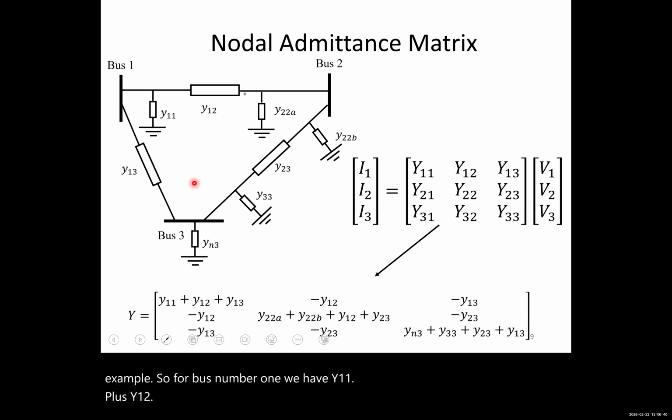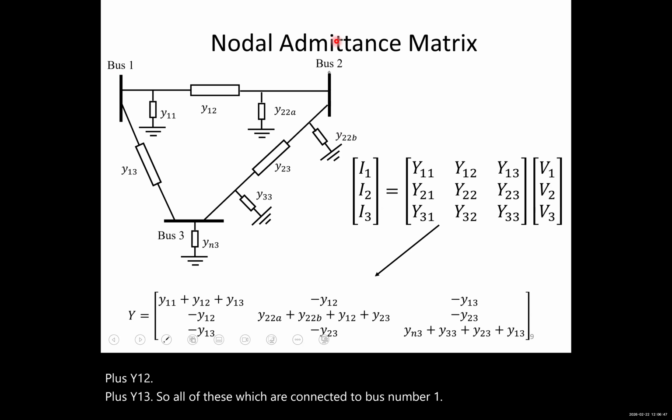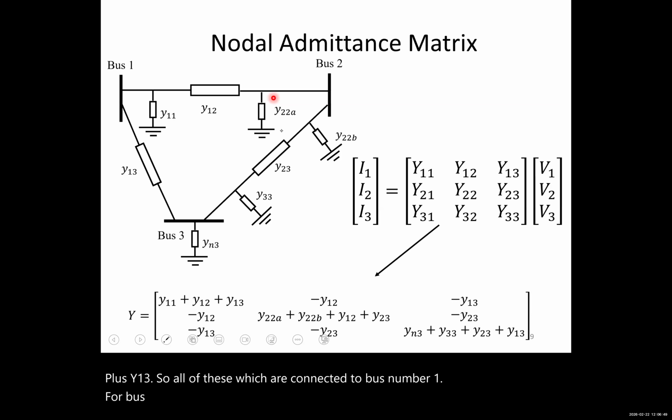So all of these are connected to bus number 1. Same thing for bus 2. We have y22a, y12, y22b, and y23.